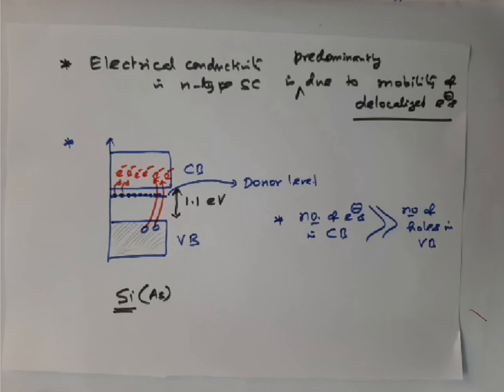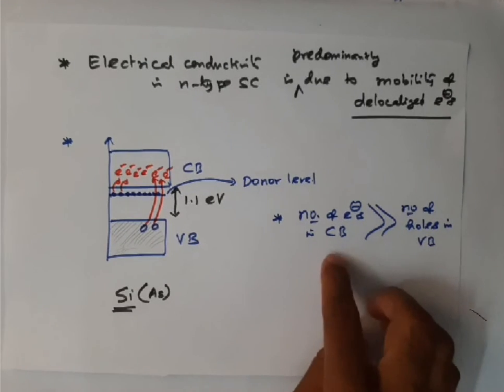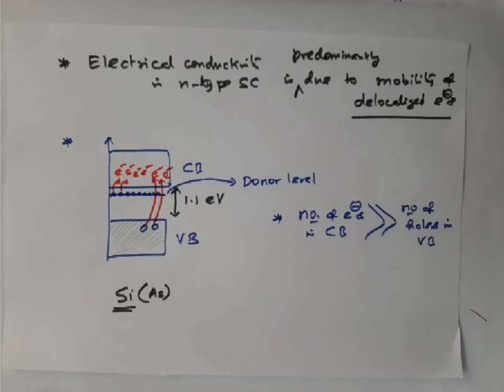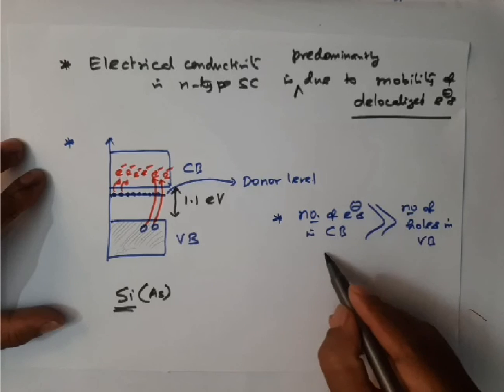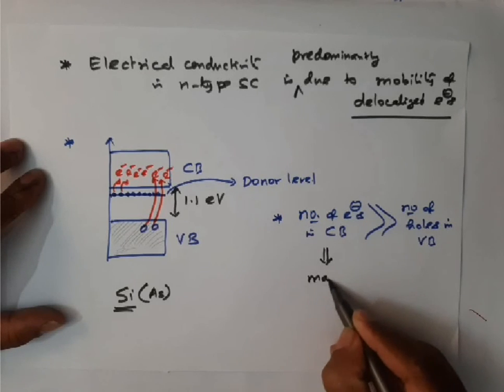Since electrons are very huge in number, we call them majority carriers.